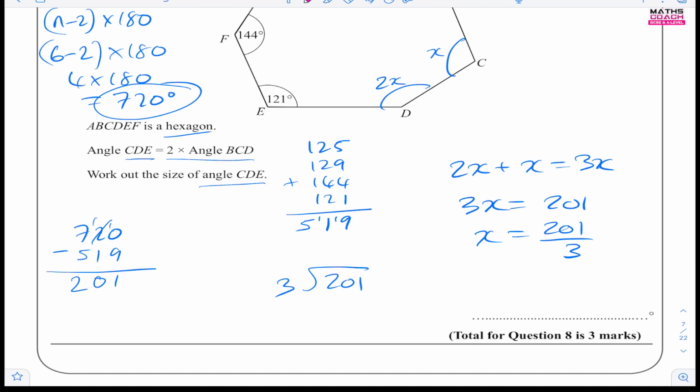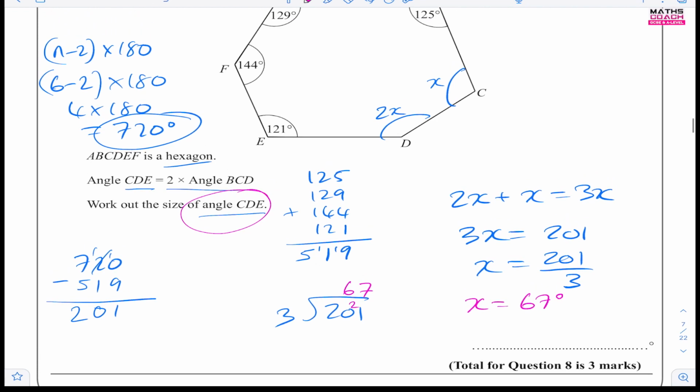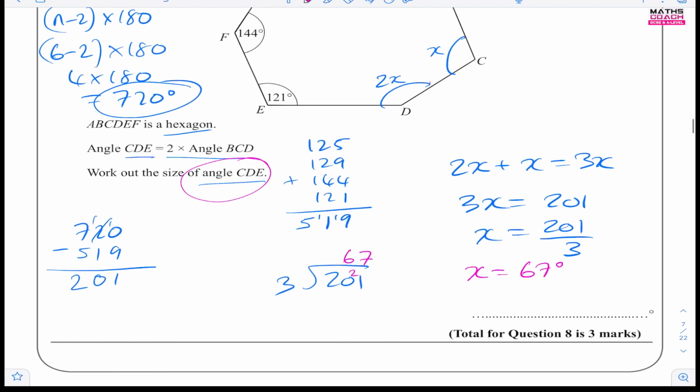It goes in 6 times, remainder 2, and 3 goes into 21 now 7 times. So x is equal to 67 degrees. Now the question says find the value of angle CDE. CDE is our 2x, so therefore 2x is going to be 2 times 67, and 2 times 67 is 134 degrees.